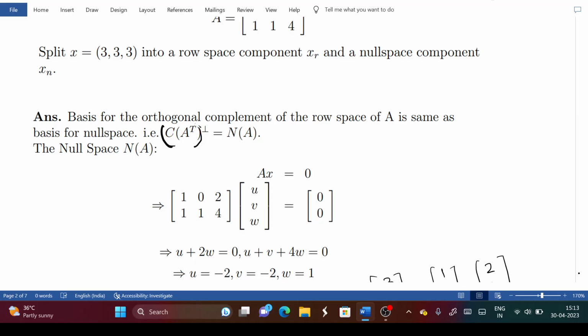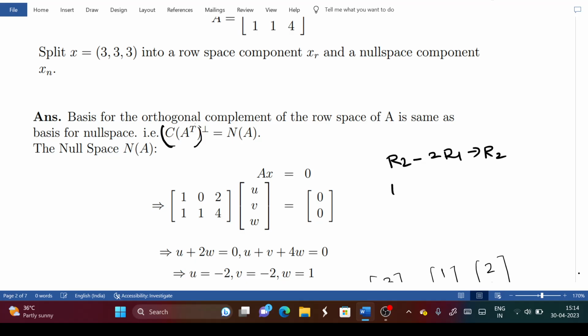To find the null space basis, we should go for the echelon form. What we used to do is R2 minus 2R1 stored in R2.